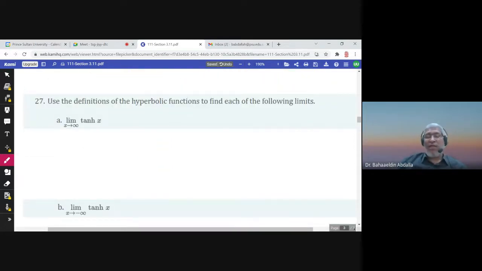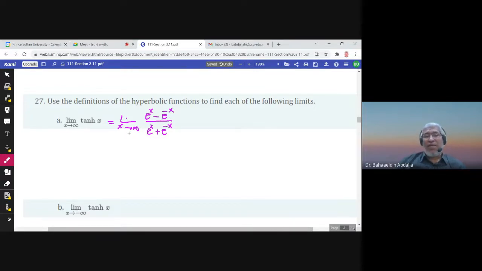Let us use here the definition of the hyperbolic functions to find these limits. Well, the limit of the hyperbolic tan, we said that the definition I wrote it as sinh over cosh, so it's e to the power x minus e to the power negative x over e to the power x plus e to the power negative x, and the 2 cancels with the 2, so this is the hyperbolic tan.